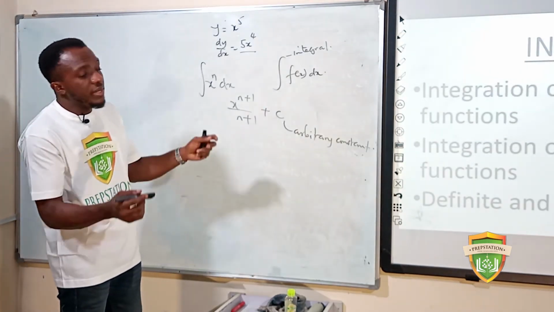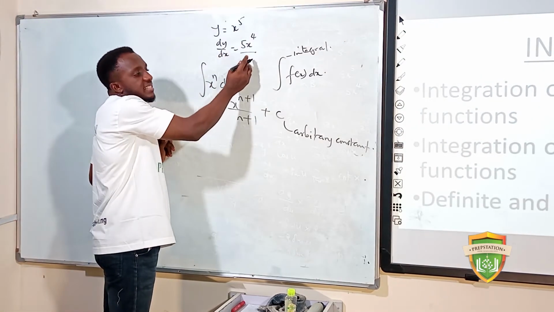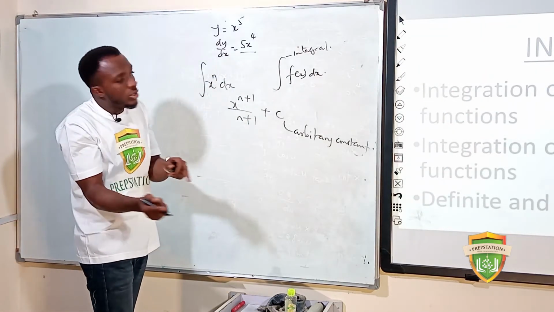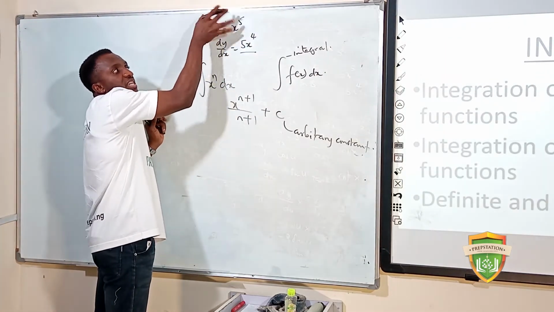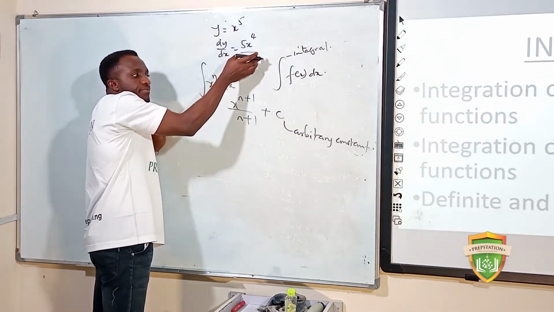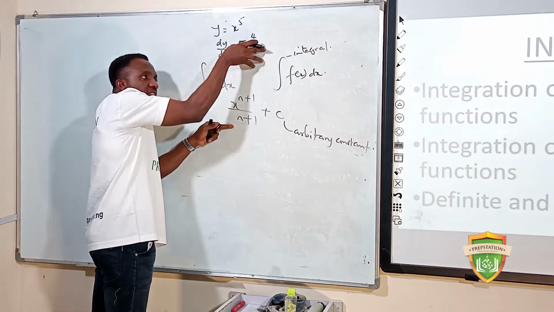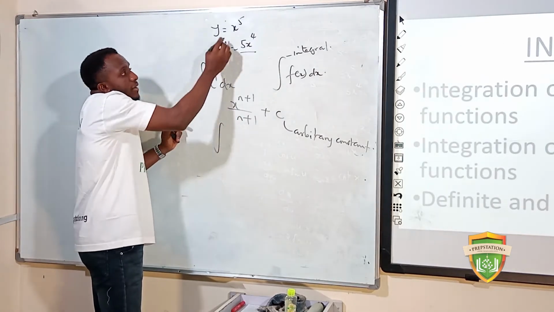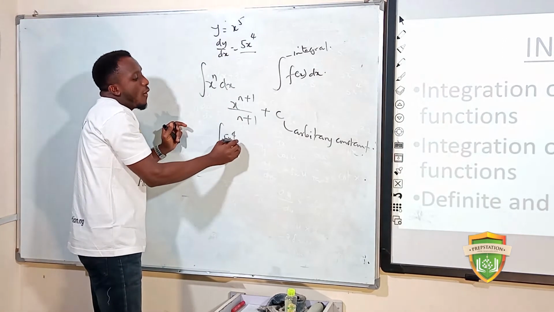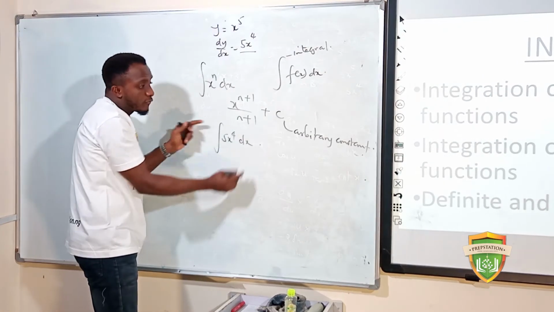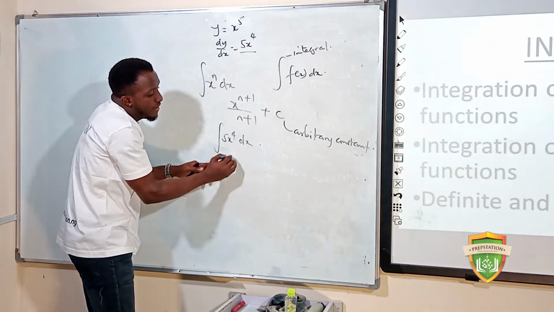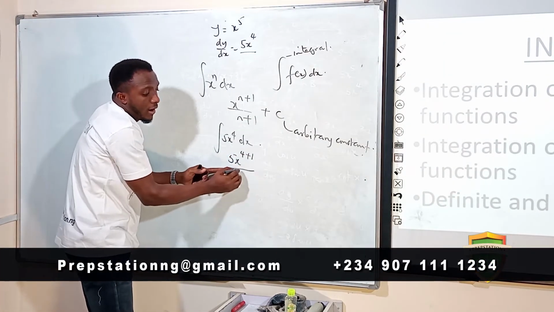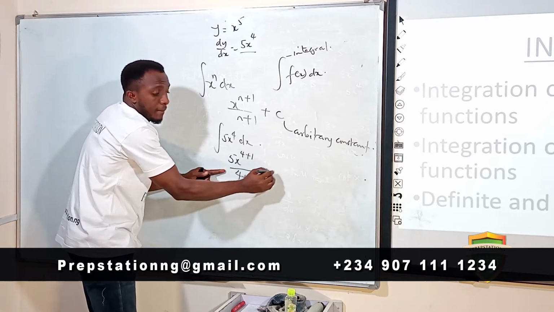So let me give you an example. I said integration is anti-differentiation. It reverses the result of differentiation. So this is the result of differentiating this function. If I integrate this result, I am going to get the function using the rule. If I integrate 5x raised to the power of 4 with respect to x, from the rule I gave you, this would give me 5x raised to the power 4 plus 1 over 4 plus 1 plus c.